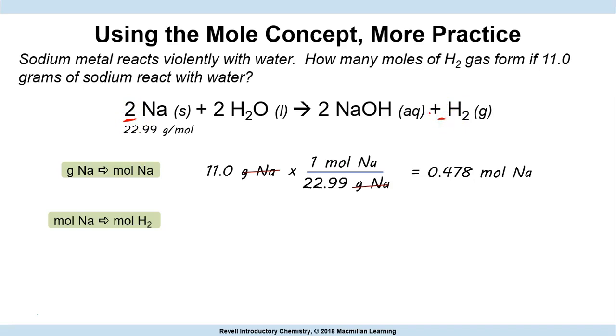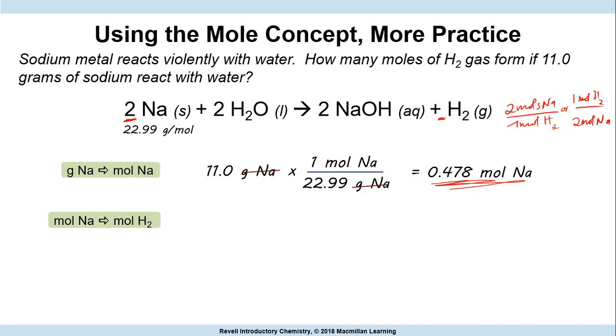So that is the conversion factor that we are going to use: 2 moles of sodium gives 1 mole hydrogen, or 1 mole hydrogen gives 2 moles sodium. Now we have obtained 0.478 moles of sodium. So which conversion factor are we going to use?